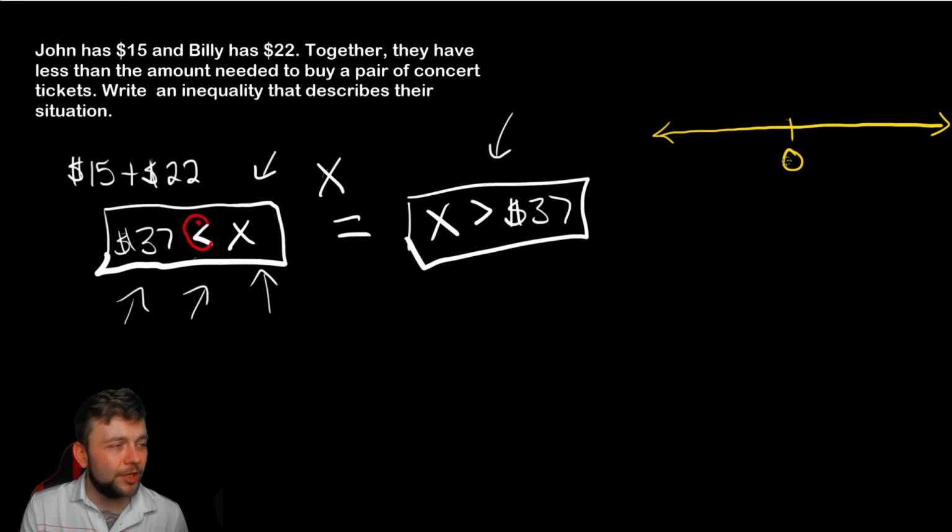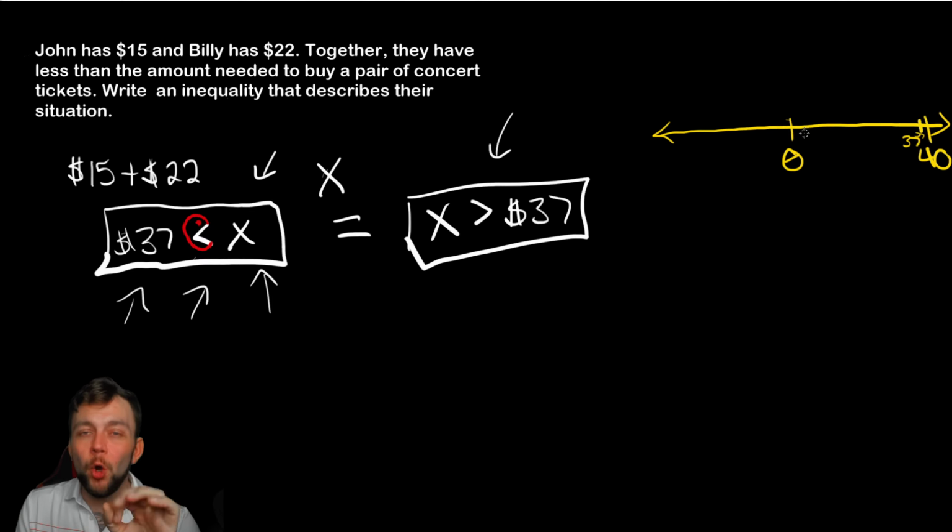I always like to make sure we have our 0 so we know which side is negative, which side is positive, but you can get negative money. You can have debt. Don't forget about that. So we'll go with 40 right here. And we'll say that this line right there is 37, okay? So that is going to be our 37.